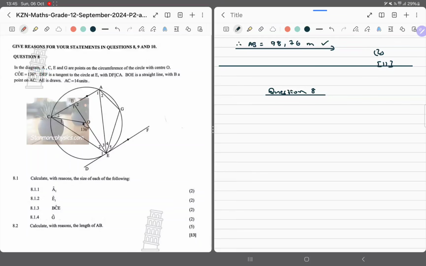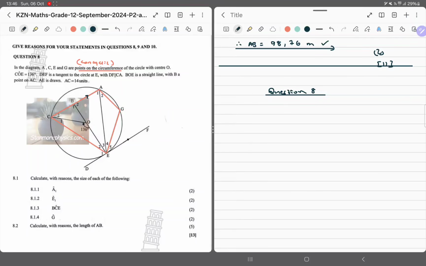In the diagram, A, C, E, and G are points on the circumference. So what do we call points on the circumference? Concyclic. Meaning there's a circle around those points, and we see it. So what does that mean?